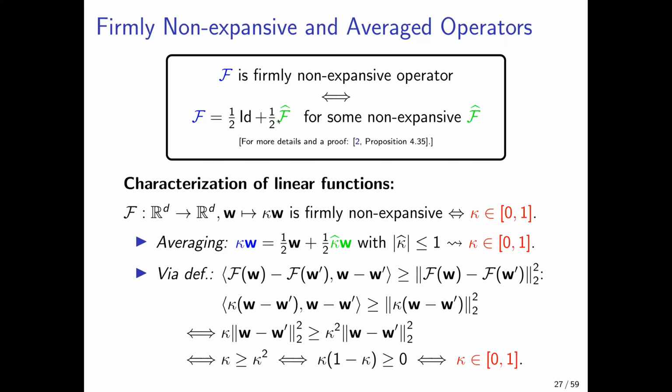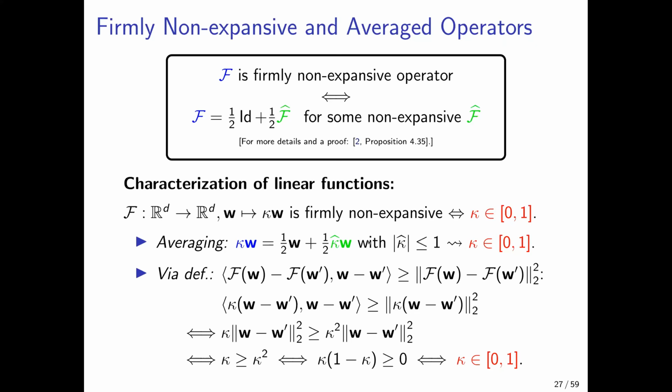And if this green f-hat runs through all of the non-expansive operators, in this way we can generate all the firmly non-expansive operators. Showing this in all the detail is beyond our scope here, but we have provided a reference.